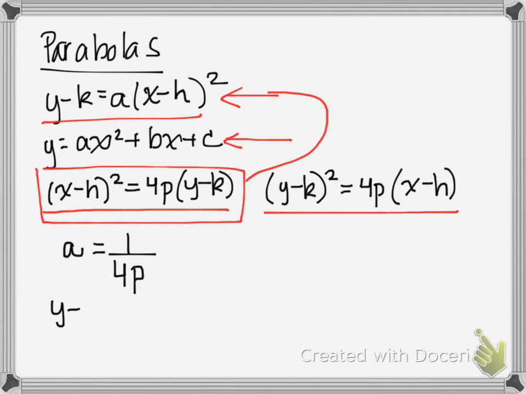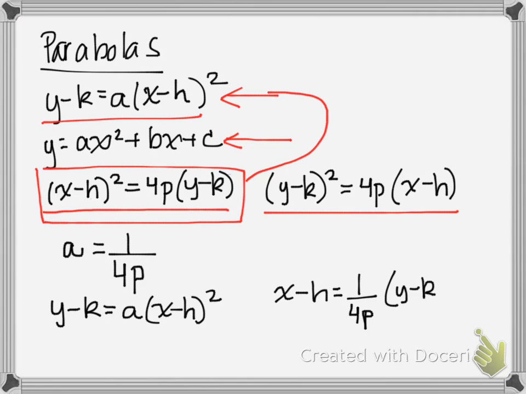We've said y minus k is equal to a times x minus h squared. Similarly, over here I would say x minus h is equal to 1 over 4p times y minus k. That's just a little rearrangement of the formula, and you can take a moment and make sure that you follow it.